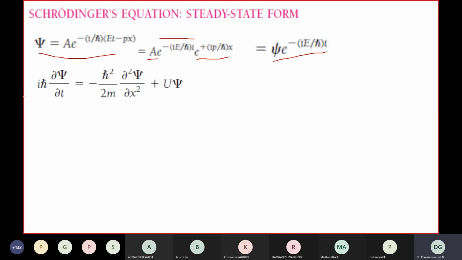And this you rewrite as, replace this part with E, and rewrite as E psi is equal to, this is upright original psi. I haven't replaced it with phi.